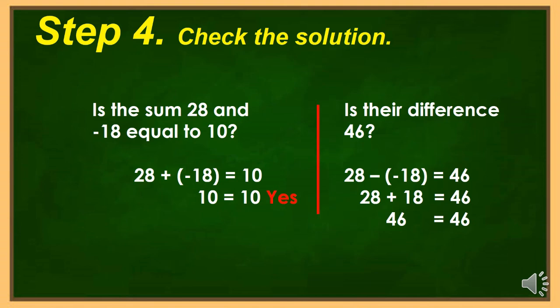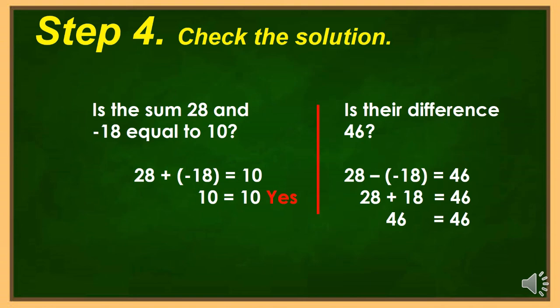In performing the operation of subtracting 28 and negative 18, we change the sign of the subtrahend, which is negative, to positive and proceed to the rule of addition.